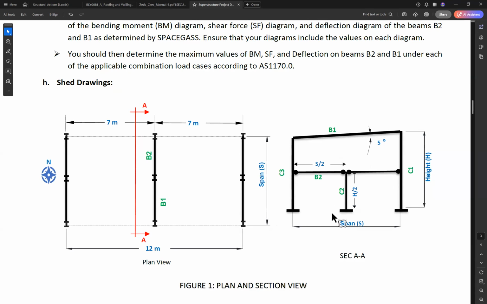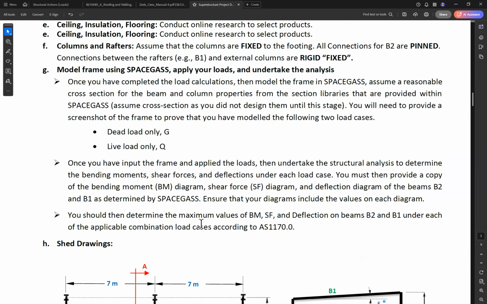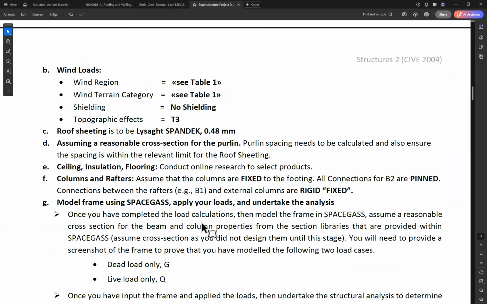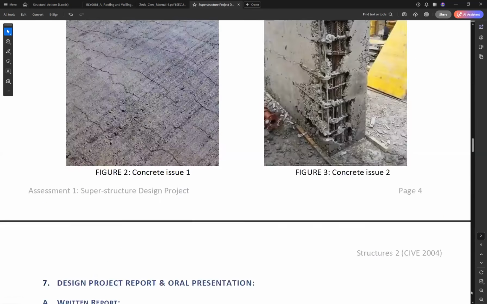Okay, so this is a general view of the shed, and all the parameters needed during the calculation will be given in these two parts here. So we have the span of the shed given based on your group. See table 1 at the end.